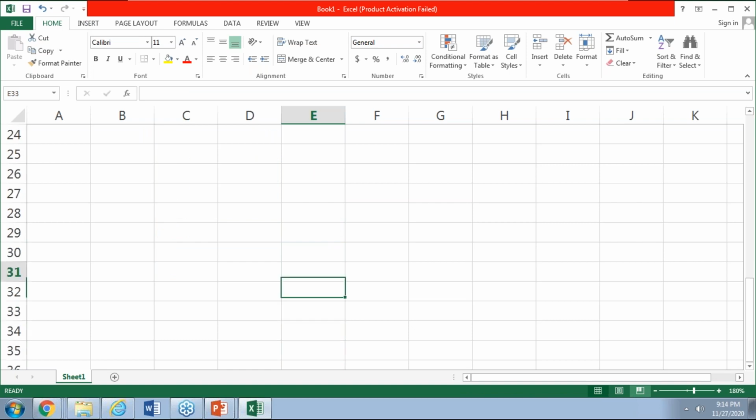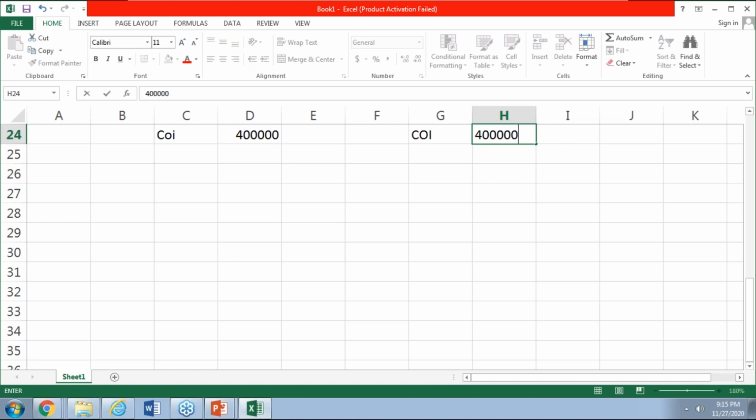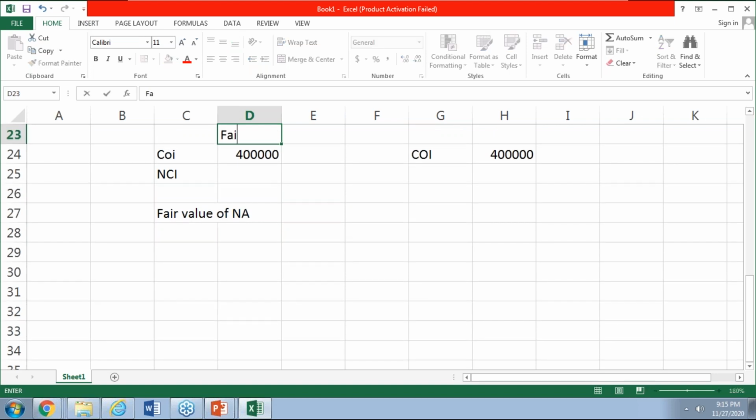So let's give an example. Suppose the cost of the investment is 4 lakh. There will be no impact in either case on the cost of investment. And the value of the NCI has not yet been decided by us. Now, fair value of net assets. So in the fair value approach, we take the fair value of NCI.